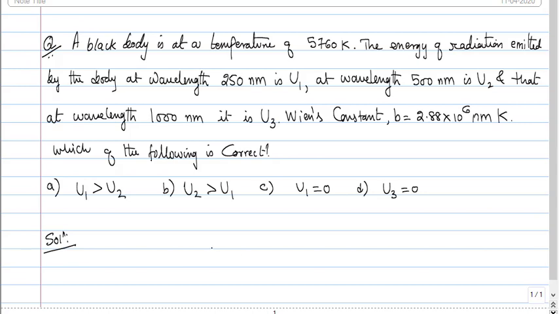Anyway, according to the Wein's displacement law, the wavelength corresponding to the maximum emission of radiation is given by the relation lambda m.